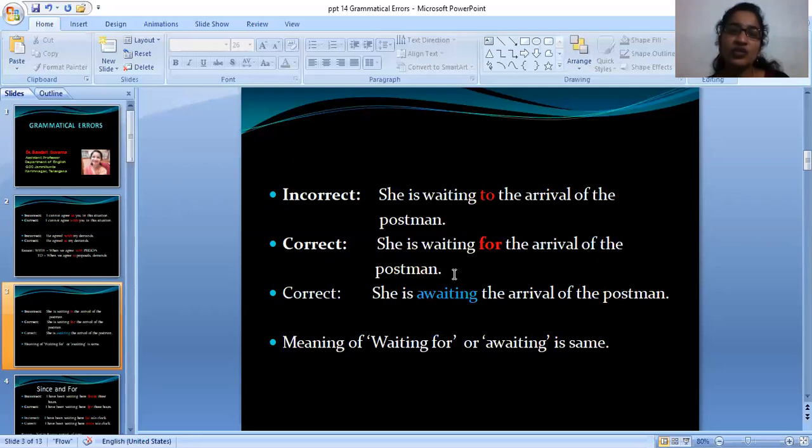So without changing any meaning, we can give the sentence without using a preposition. So instead of using waiting for, you can just replace that with awaiting. The meanings of awaiting and waiting for are one and the same. That means we can skip the usage of the preposition here by using awaiting.